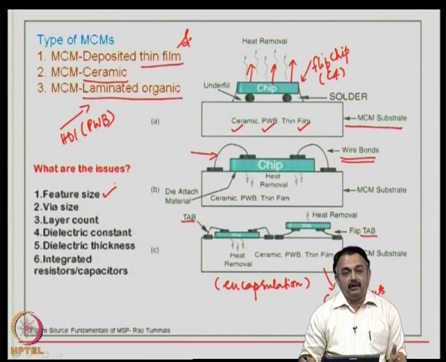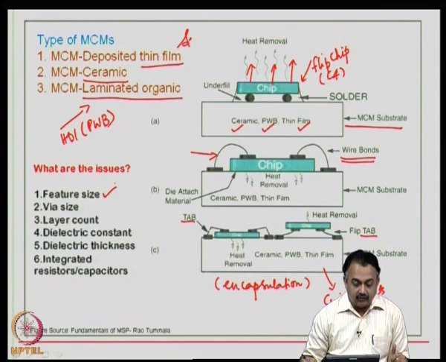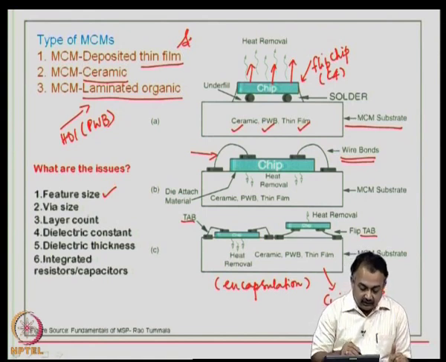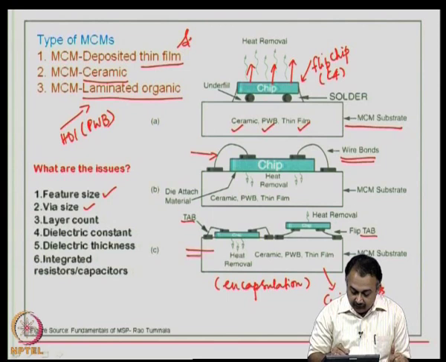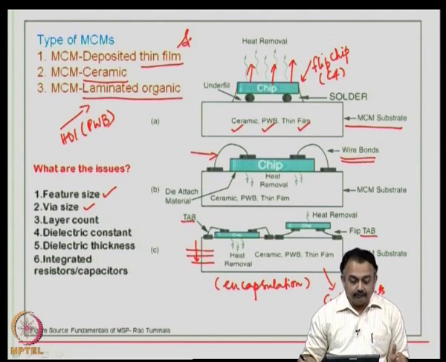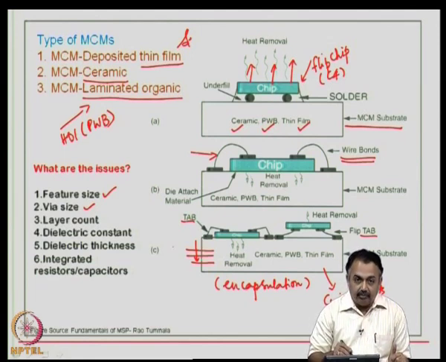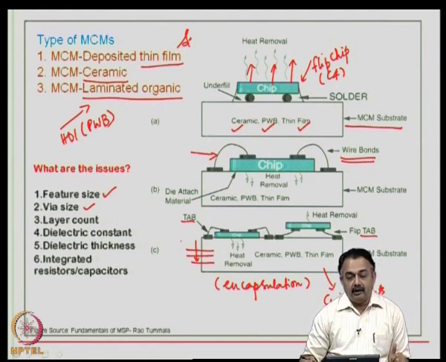When I say feature size, we are talking about interconnect line widths, pad sizes and so on. The via size that is used for interconnecting various copper conductors through multi-layer structures. So, the conductor of the top layer needs to be interconnected to the conductor at the intermediate as well as the outer layer on the other side of the substrate, and for these we use via structures, vias, which have to be very small if you want to build a high density interconnect structure.